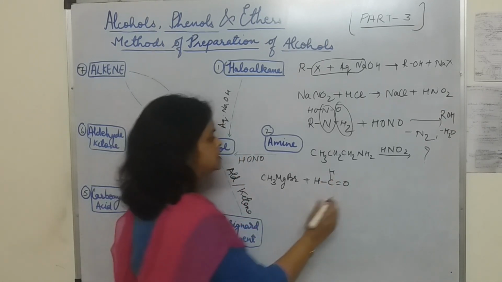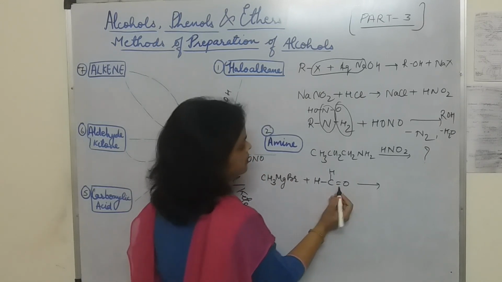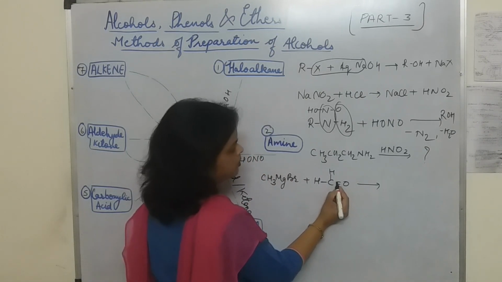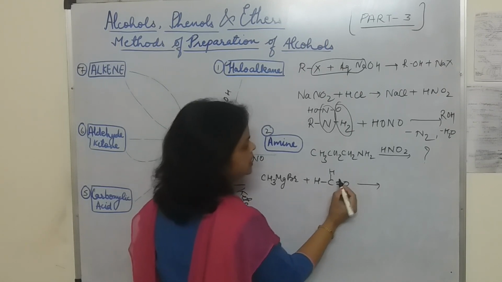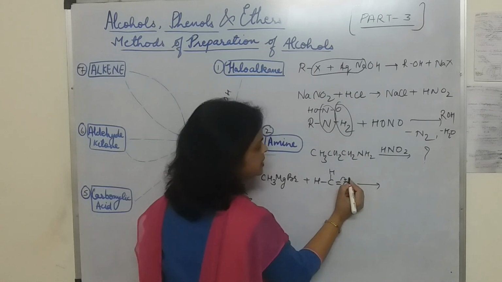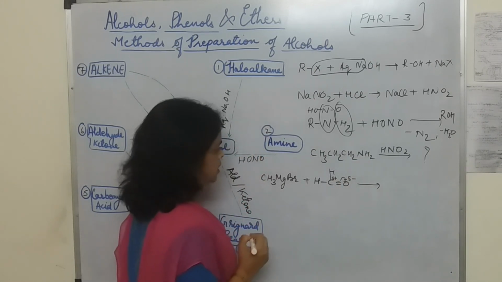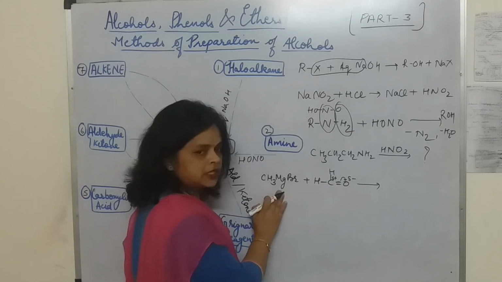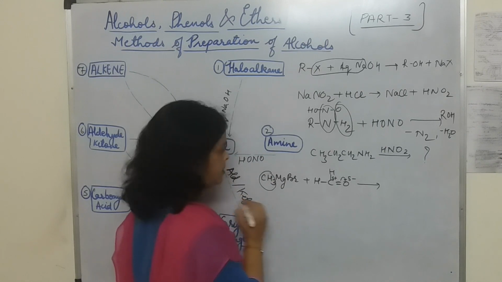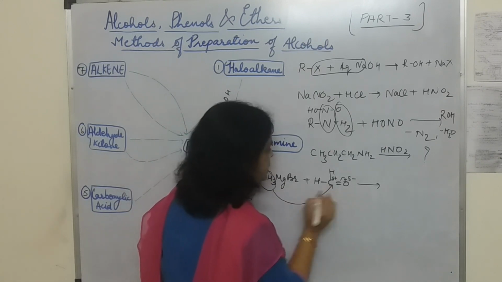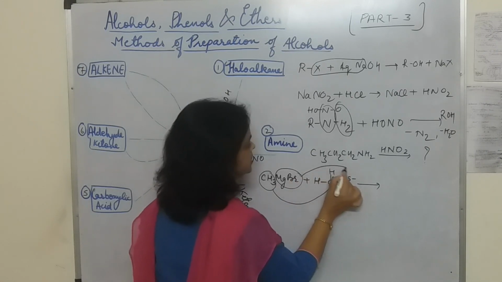Students, please see carefully how we are taking out the products. First of all, in this carbonyl bond, the carbon and oxygen, the bond shifts over here and it develops partial negative and partial positive charge. Now this Grignard reagent is acting as a source of carbanion, so this alkyl part will attack the carbon and the remaining part MgBr will get attached to this oxygen.